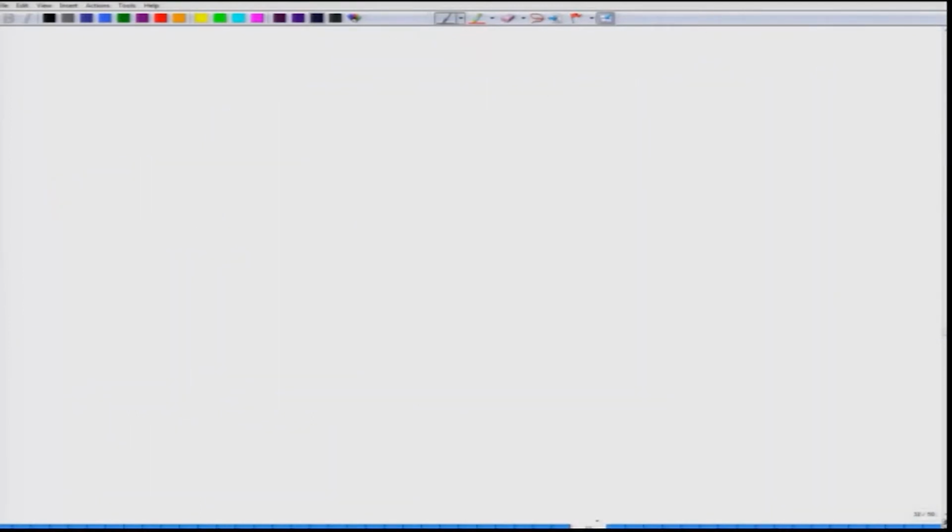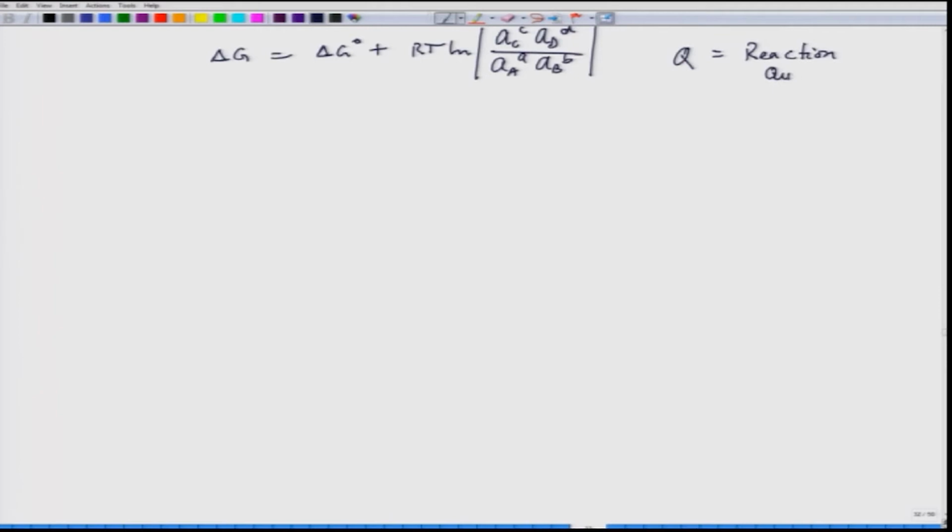Now, if we write the same equation once again, this term we can call Q, which is nothing but the reaction quotient.